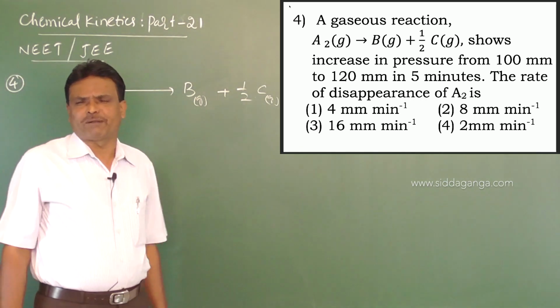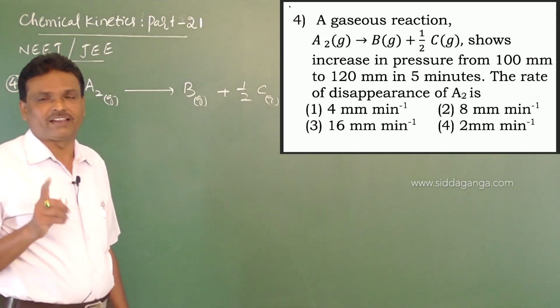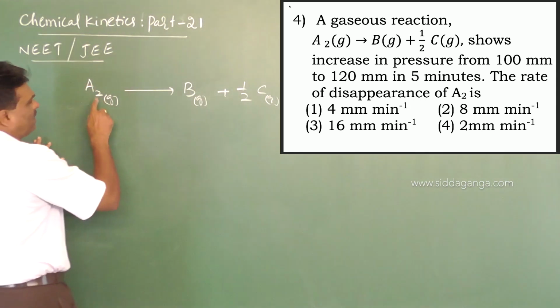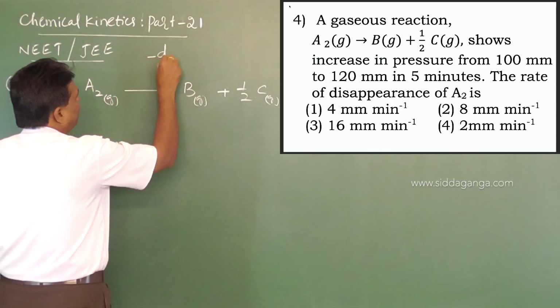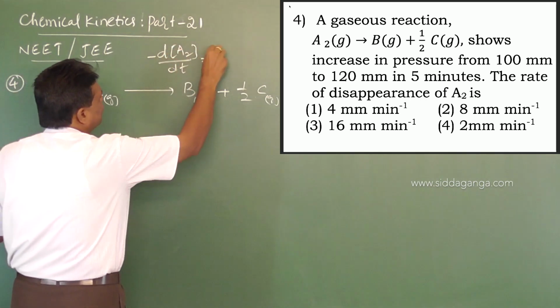Shows increase in pressure from 100 millimeter. Look, what have they asked us? The rate of disappearance of A2, that is, minus dA2 by dt, is how much.